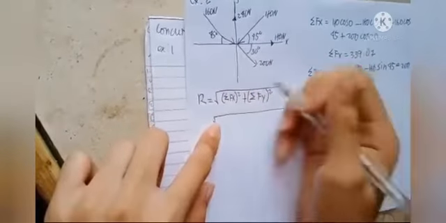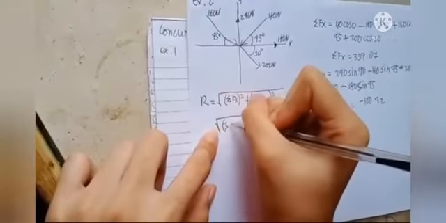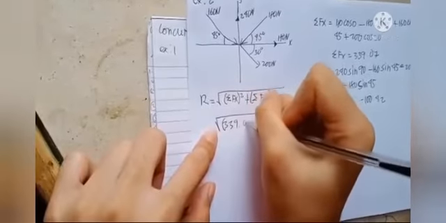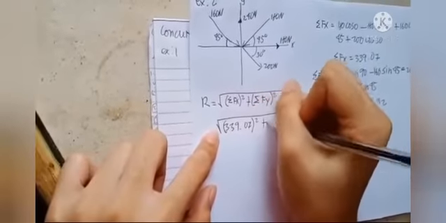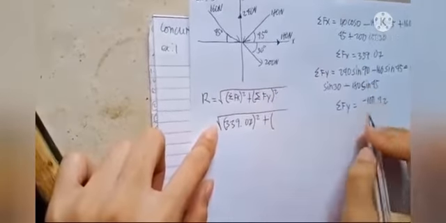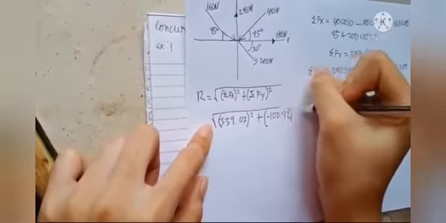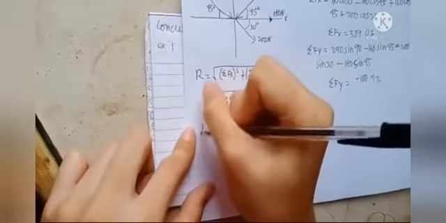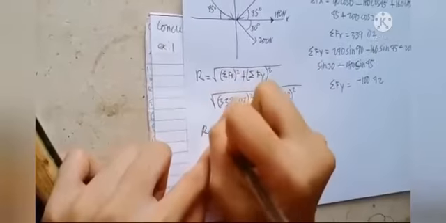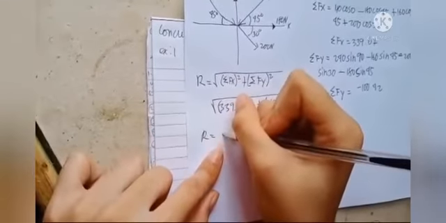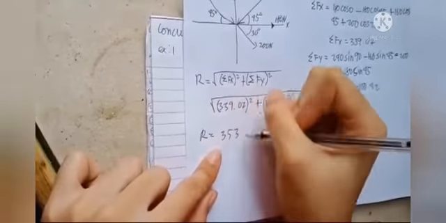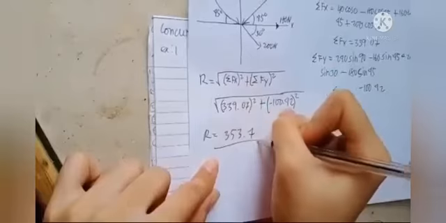Sigma f of x is 339.07 squared plus negative 100.42 squared. Then the result is 353.7. Important.